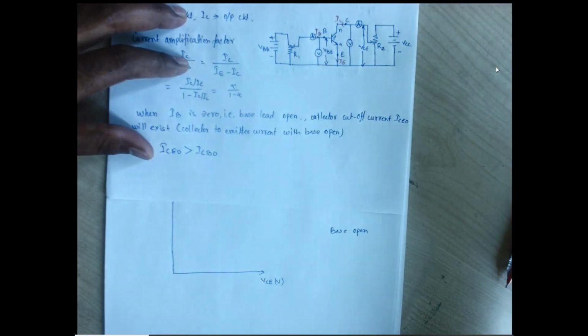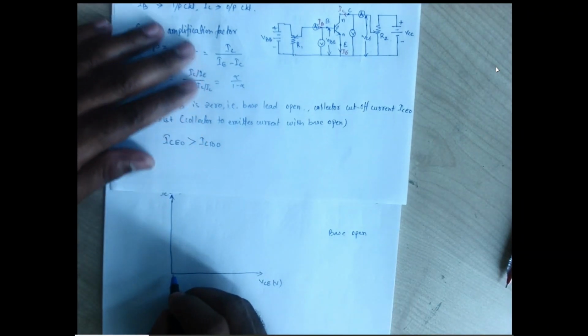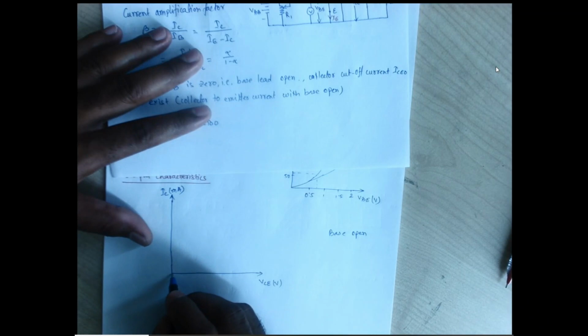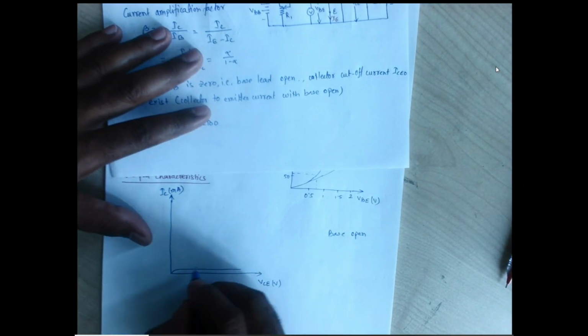So there is a very negligible movement of charge carriers from emitter to collector. So if our IB is 0, a very minimal amount of current will flow. That is what is known as ICEO. So for IB equal to 0 microamps, a minimal amount of current will flow.